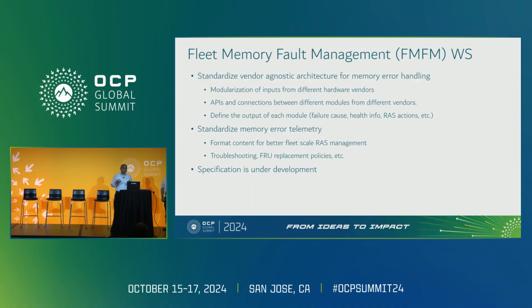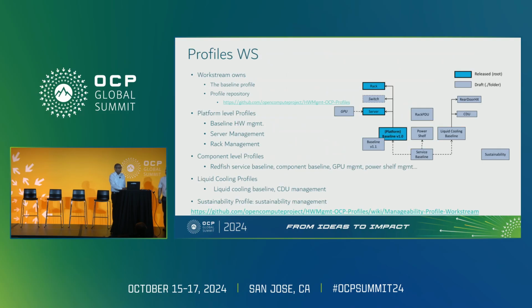It is currently working on standardizing the whole memory error-related telemetry, which allows you to get information like what the replacement policy was and what kind of error was seen. That specification in this work stream is currently under development.